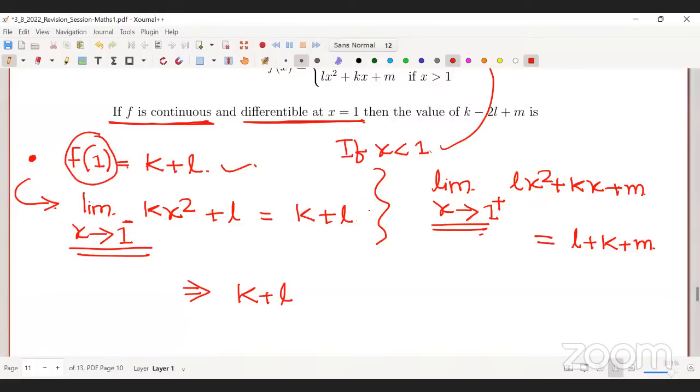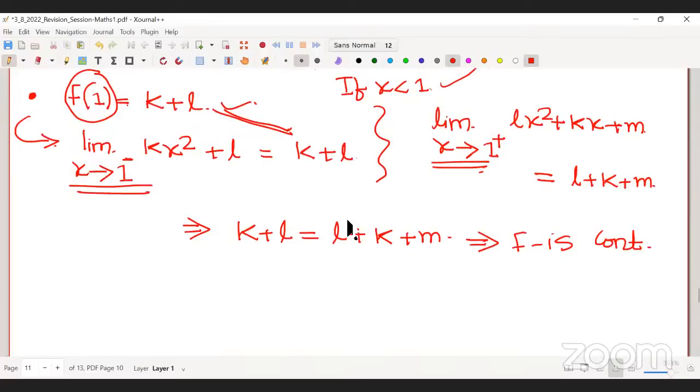Since these two things are the same, I don't need to write it again. So K plus L is basically equal to the same value. If this condition holds, then I can say that f is continuous.